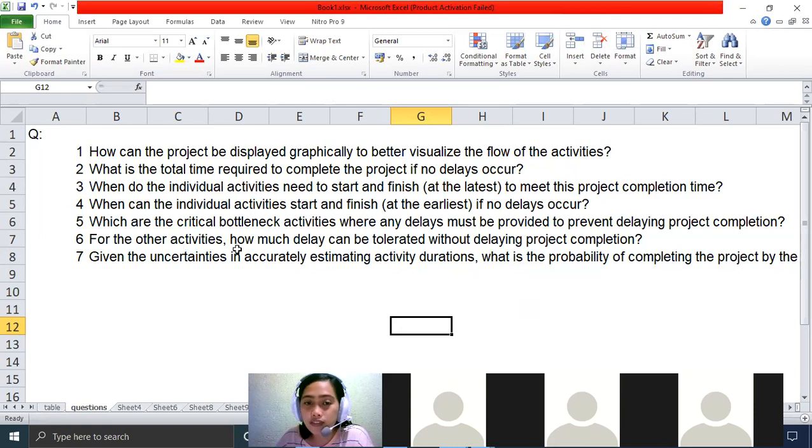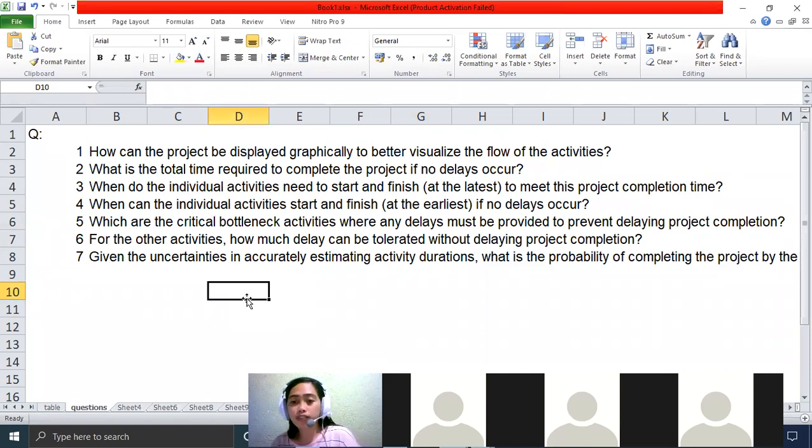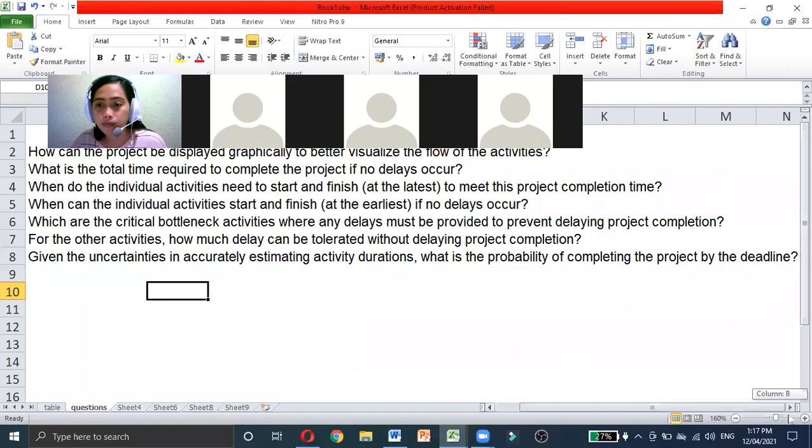Fourth: when can the individual activities start and finish at the earliest if no delays occur? Fifth: which are the critical bottleneck activities where any delays must be prevented to avoid delaying project completion? Seven: given the uncertainties in accurately estimating activity durations, what is the probability of completing the project by the deadline?